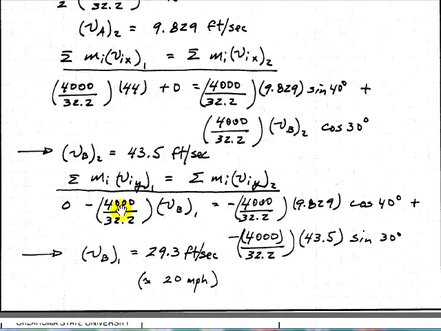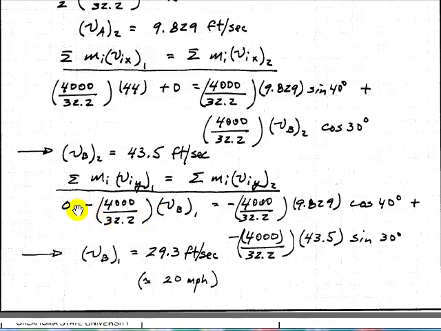Now, the next thing we can do, and to write something that's true, is momentum in the vertical direction across the impact. In the vertical direction, car A has only x direction motion pre-impact, so its momentum in the y direction is 0. Car B's momentum in the y direction is mass times velocity. It is heading in the negative y direction, and so we are going to put a minus sign in there.